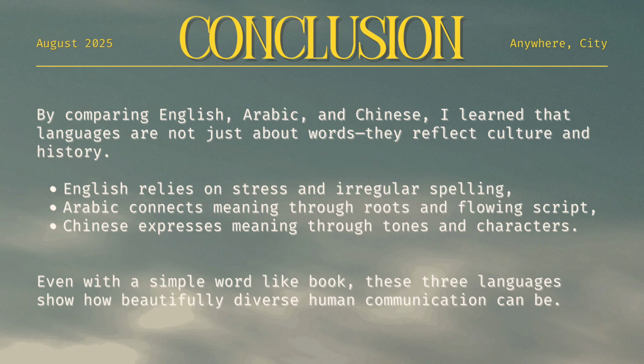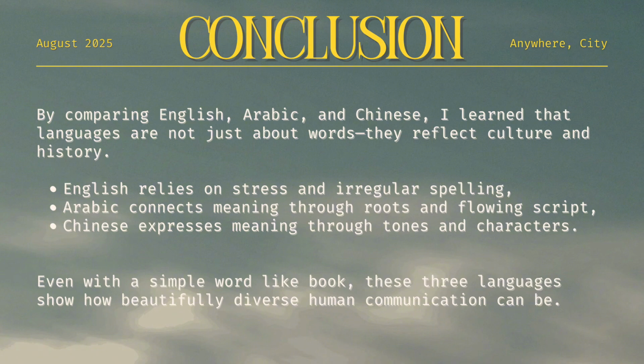If we look deeper into these languages, we can see the differences behind each language. English relies on stress and irregular spelling, Arabic connects meaning through roots and flowing script, and Chinese expresses meaning through tones and characters. Even with a simple word like book, these 3 languages show how beautifully diverse human communication can be.